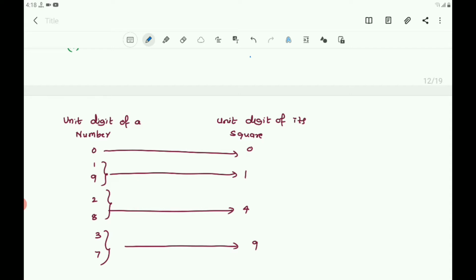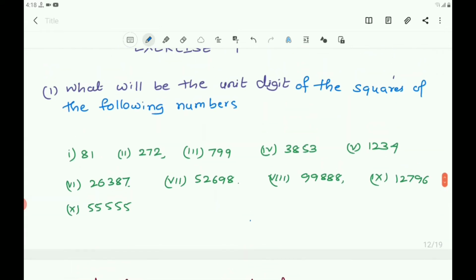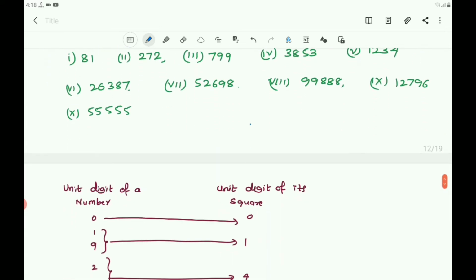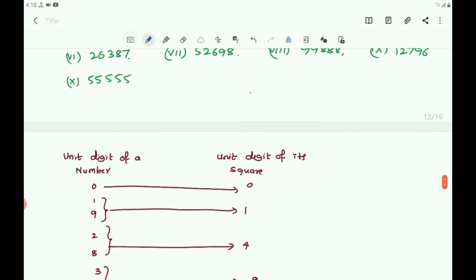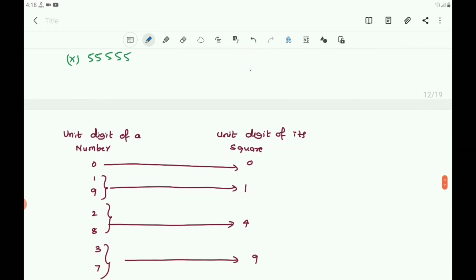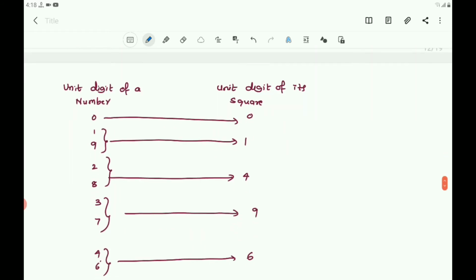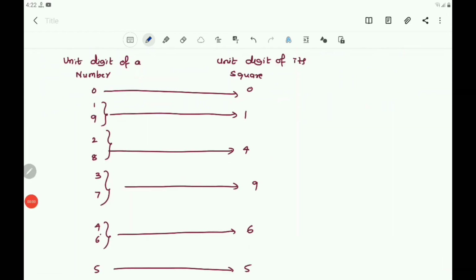If the number has 2 or 8 in the unit place, then its square has 4 in the unit place. If the number has 3 or 7 in the unit place, then its square has 9. So you must know that 0 gives 0, 1 and 9 give 1, 2 and 8 give 4, 3 and 7 give 9, and 4 and 6 give 6.